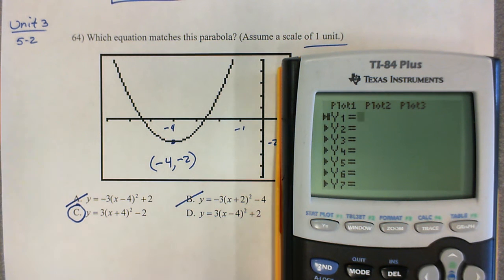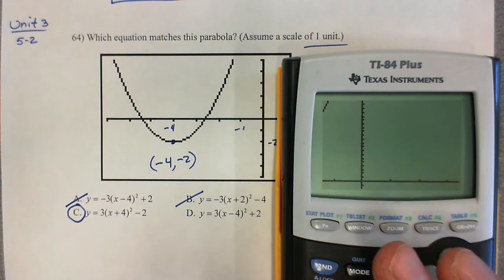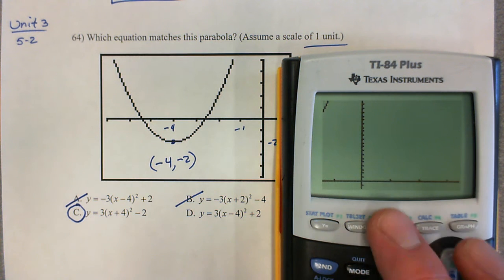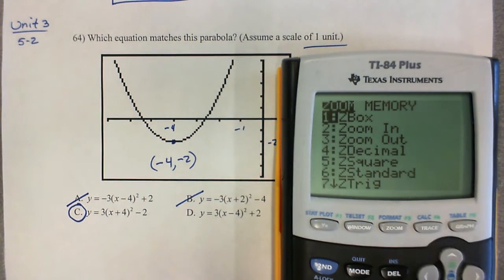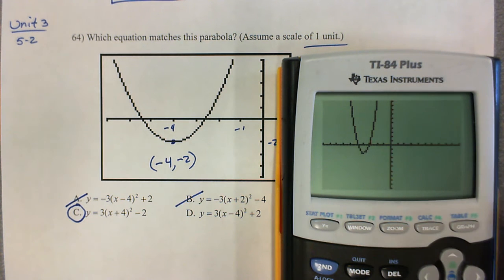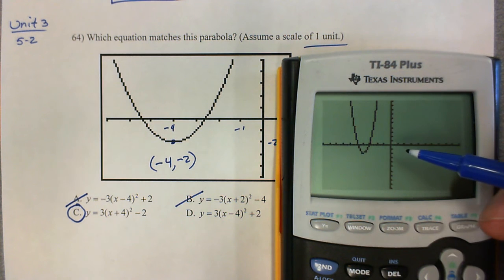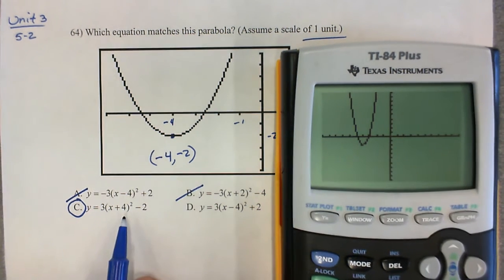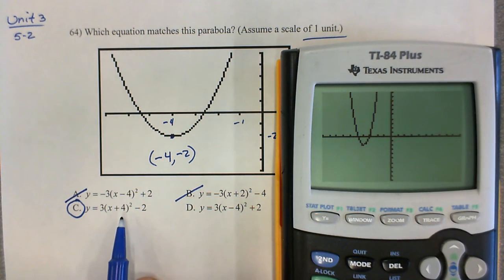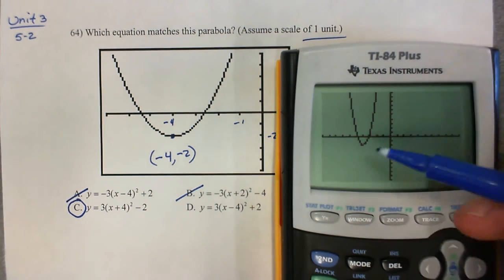Now let's type the equation in. 3 parentheses x plus 4 close parentheses squared minus 2. So if we hit graph, now we might be zoomed in from a previous question, so let's hit zoom standard, which is 10 by 10 by 10 by 10. So here's our graph. Okay, so that's this graph, which looks like it could be that.